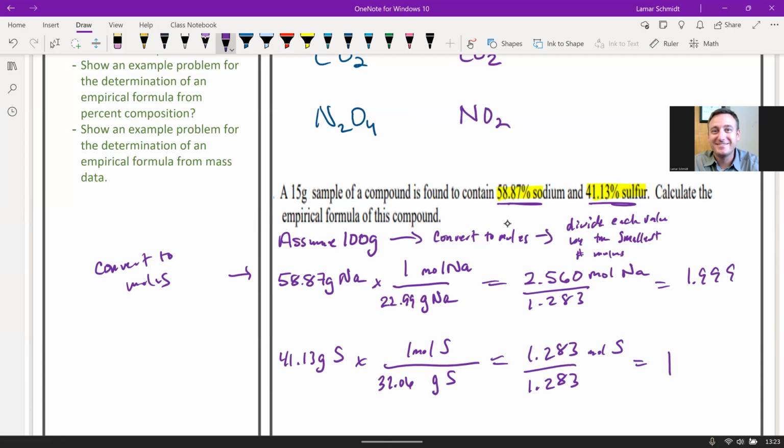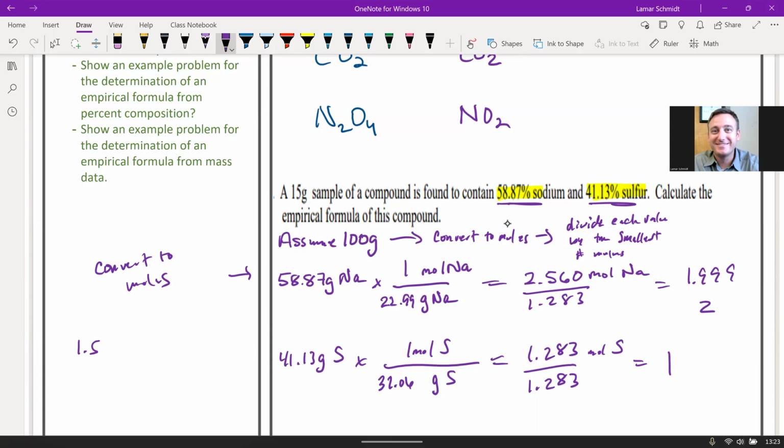If you see something like 1.999, now you can round that up to 2. If you see something like 1.5, that's going to be a problem, right? Because remember, can we have a ratio of 1 to 1.5? No, because formulas are written in what type of ratios? Whole number.